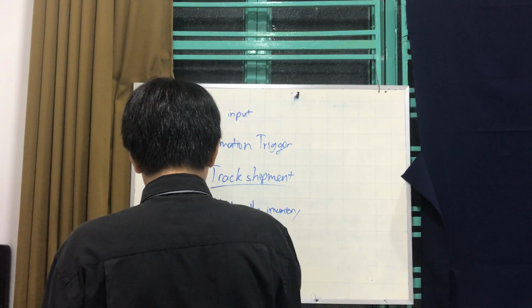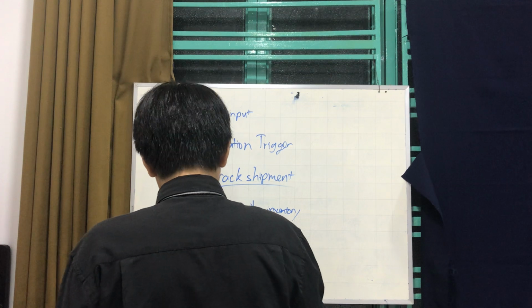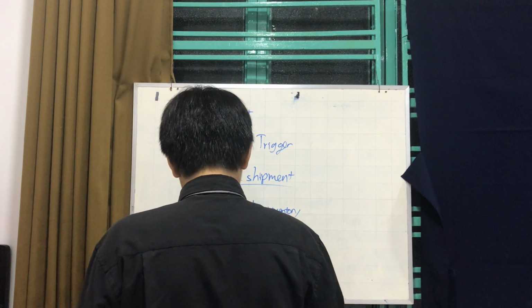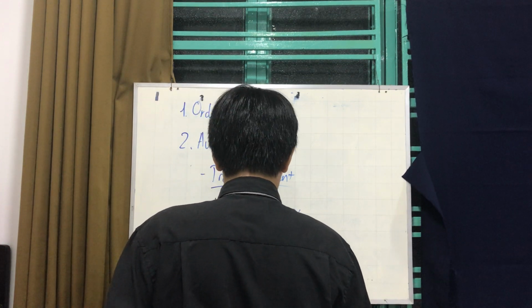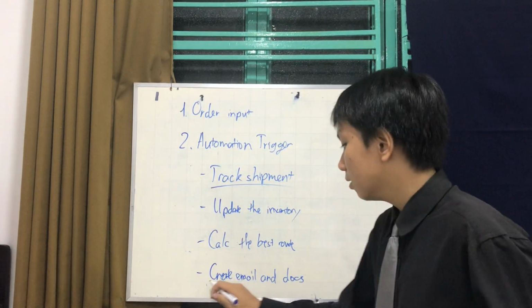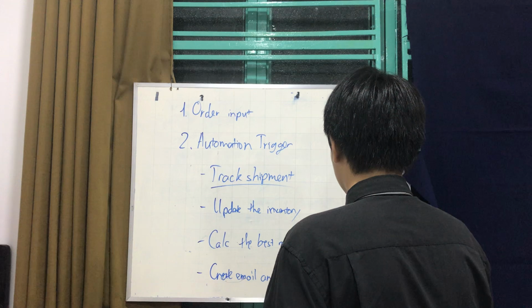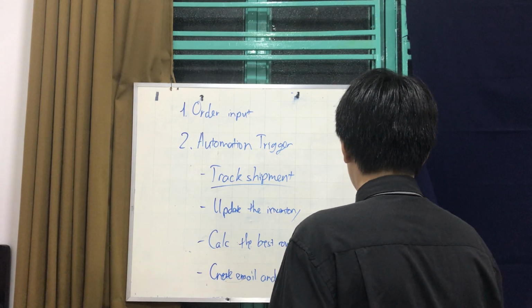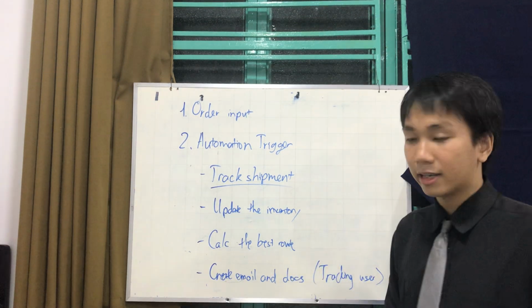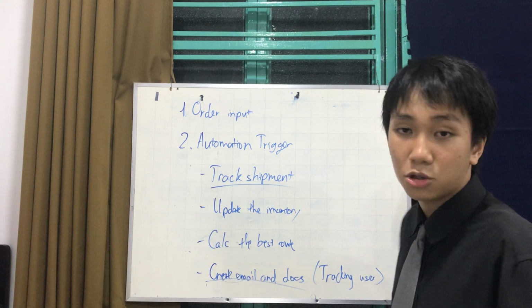Finally is create emails and documents. So this in reality is tracking the user. So in this case, this is what Amazon is doing.